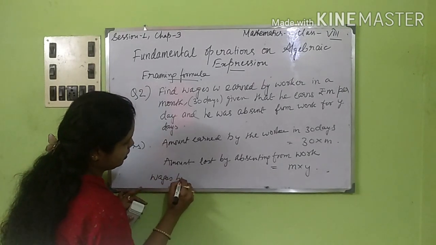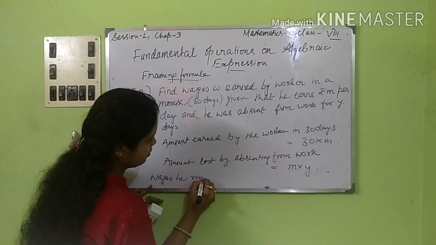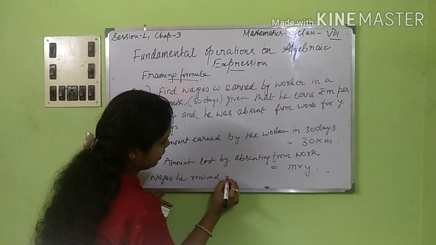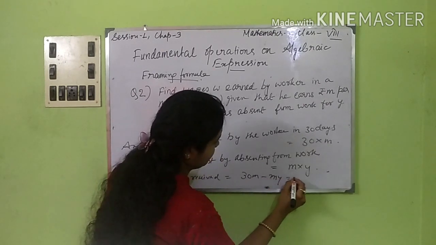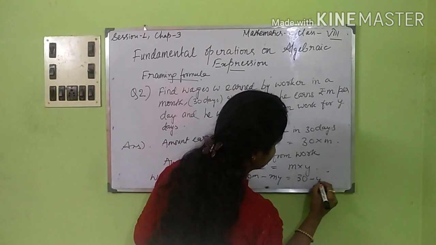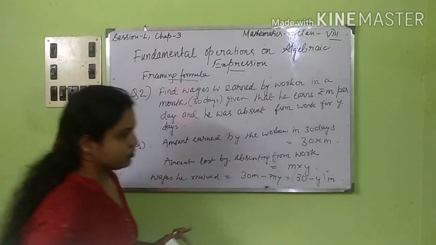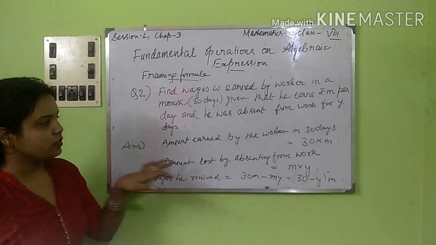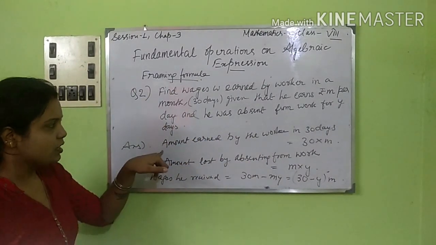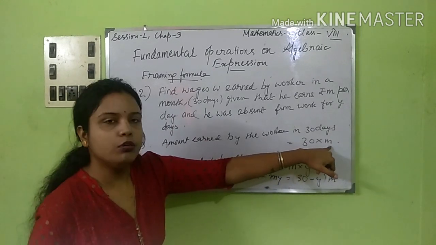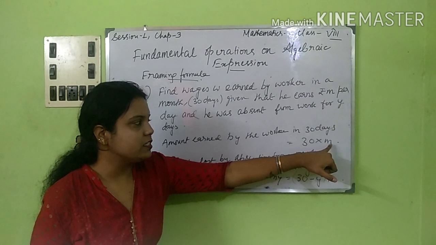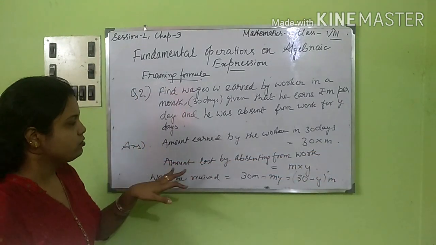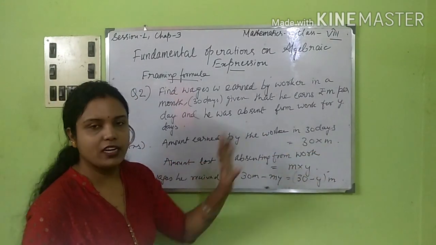Okay, so wages he received is equal to 30M minus MY. That is equal to, you can write (30 minus Y) M. I hope by seeing the answer you can easily make out. Amount earned is 30 days into M per day, that is M rupees per day. Okay, that is the total amount. Now he is absent from work for Y number of days.